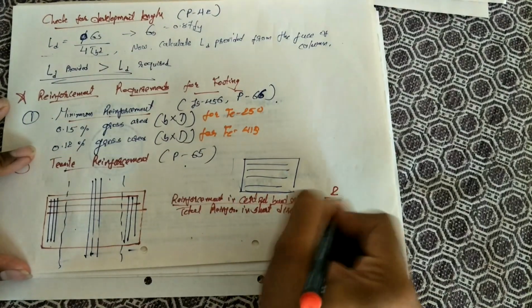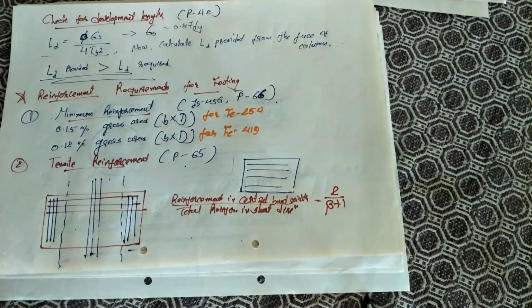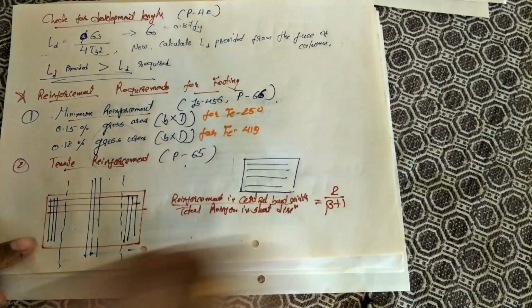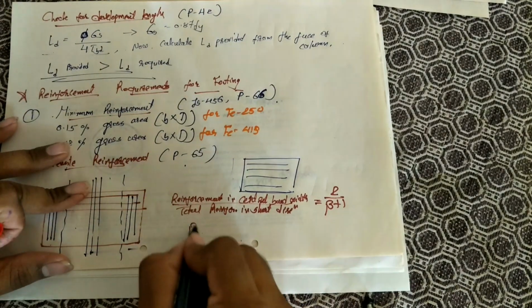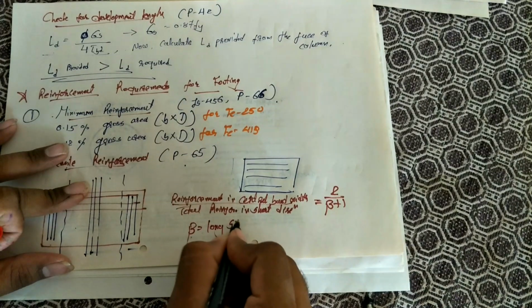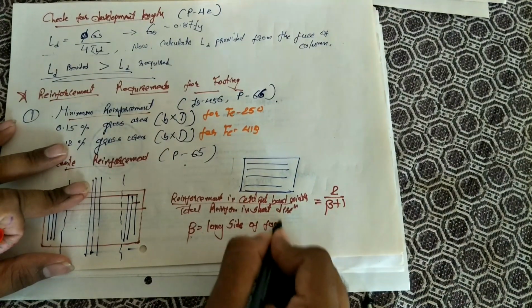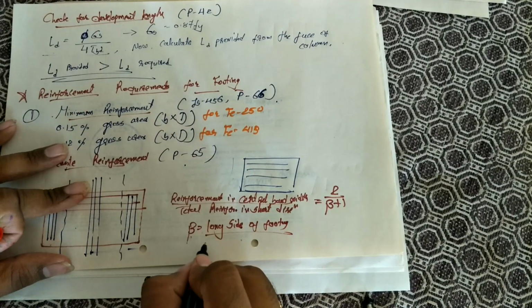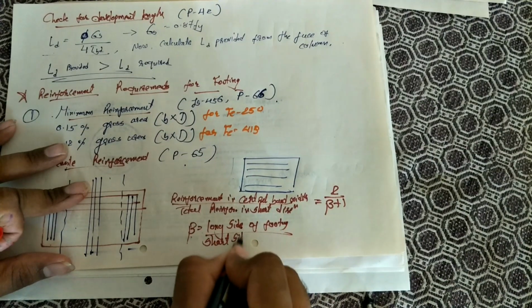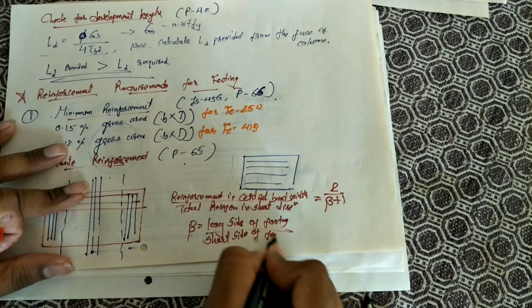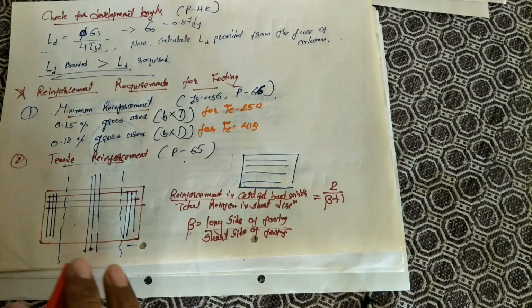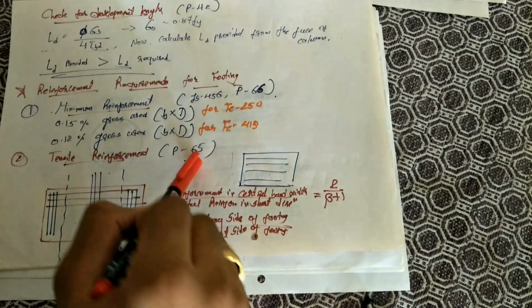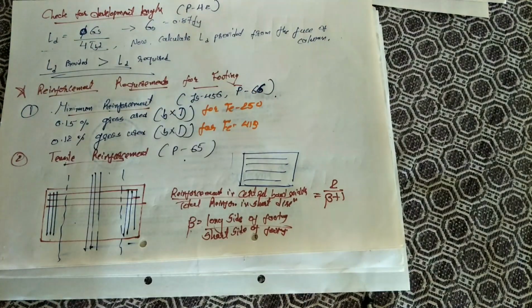So that equation will become equal to 2 divided by beta plus 1, where beta is equal to the long side of footing divided by the short side of footing. Okay, so this is all about your tensile reinforcement and minimum reinforcement, which is given on pages 65 and 66.